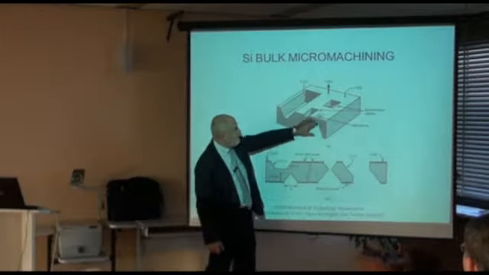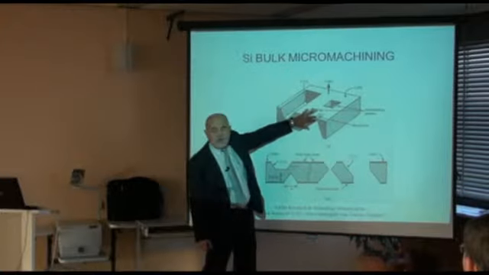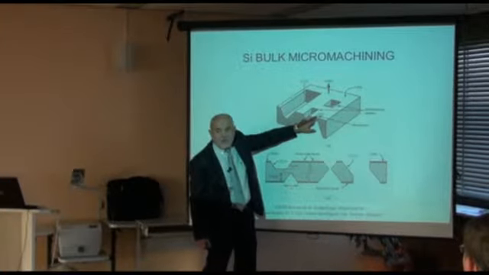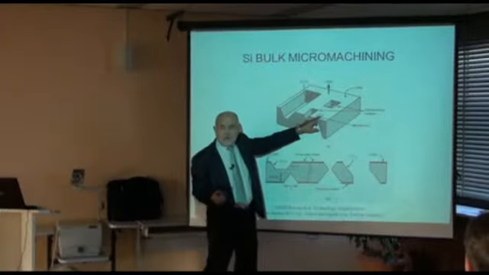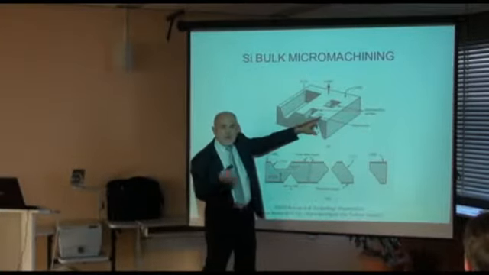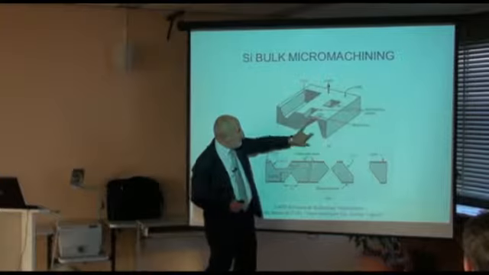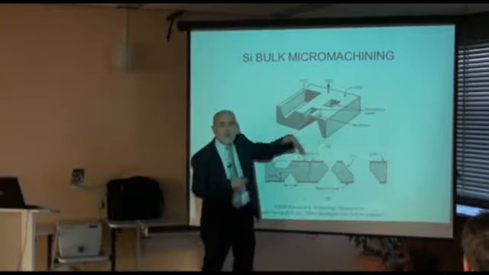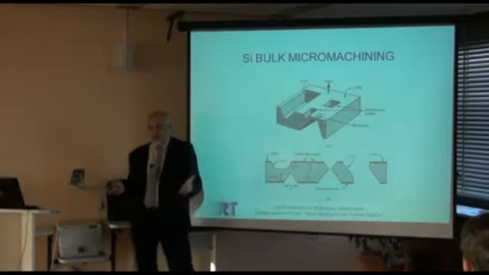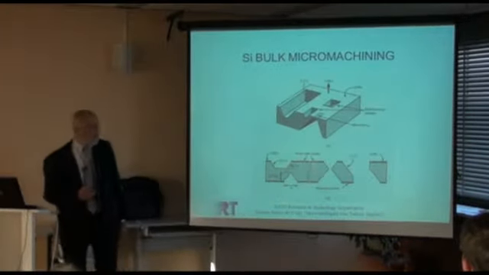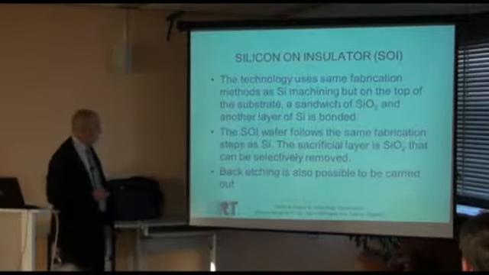This will be in the bulk of silicon, and here we have silicon oxide, and on the top silicon. Silicon could be used for circuits, piezoresistors, contacts, and so on and so forth. And the silicon oxide will be the sensing element. So that is a valuable structure. It's used in many pressure sensors.